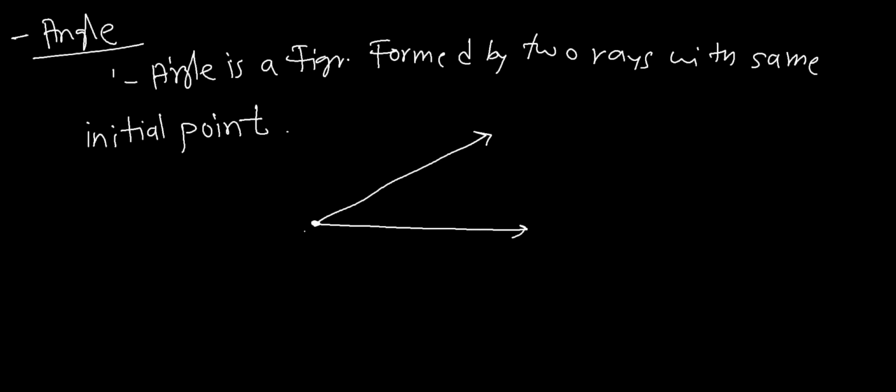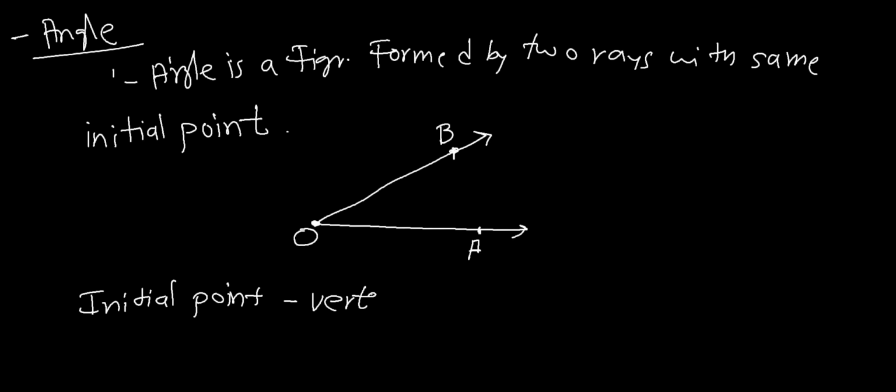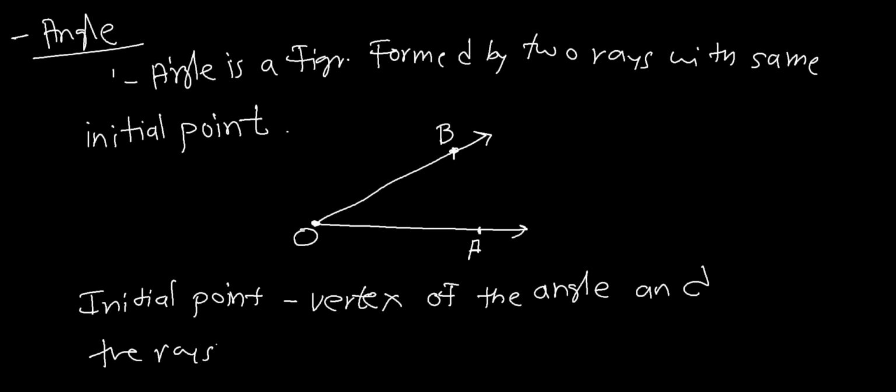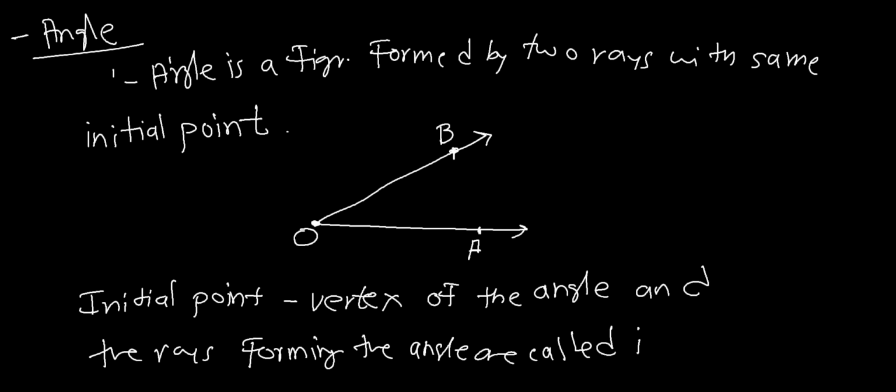We name that initial point O, a point on this ray A, and one more point on the other ray B. That initial point is called the vertex of the angle, and the rays forming the angle are called its arms or sides.